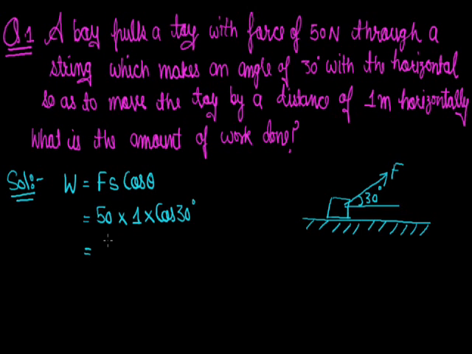So 50 into 1, and cos 30 equals root 3 by 2. So work done will be 25 root 3 joule.